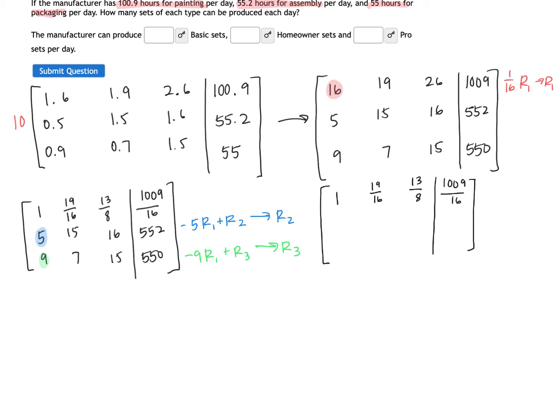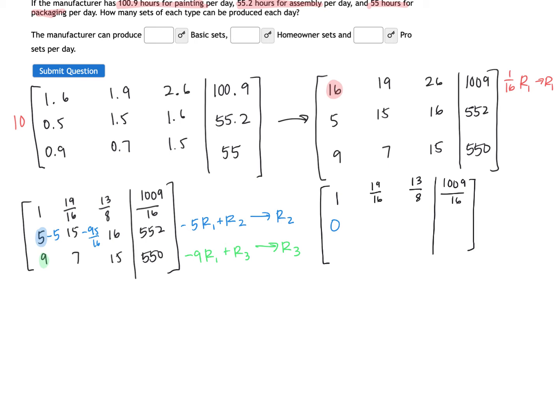All right, so we're going to distribute that -5 through row 1, and then we're going to add that to row 2. So 1 times -5 is -5, and -5 plus 5 is 0. We have 19 times -5 over 16. So that's going to be a -95 over 16 plus the 15.